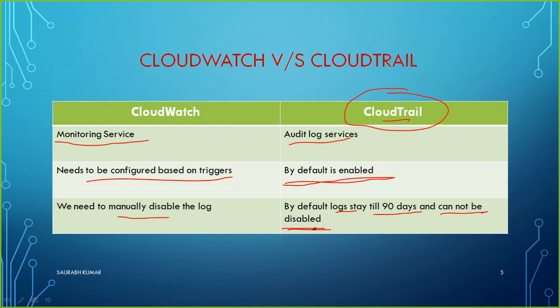But from your console, from your management area, it is not possible to disable CloudTrail, whereas CloudWatch is by default disabled and you have to enable it manually. So now I hope you have a proper idea and better clarity about the difference between the CloudWatch service and the CloudTrail service.